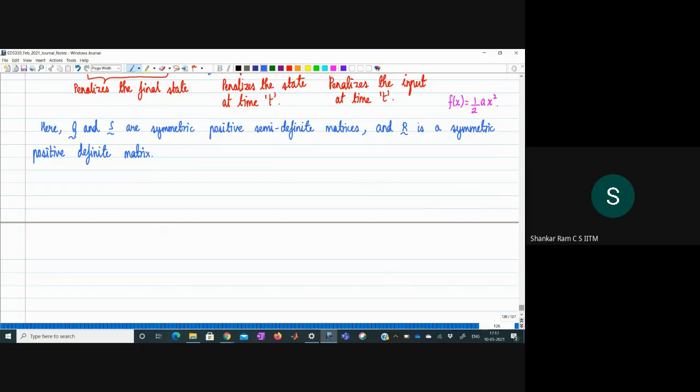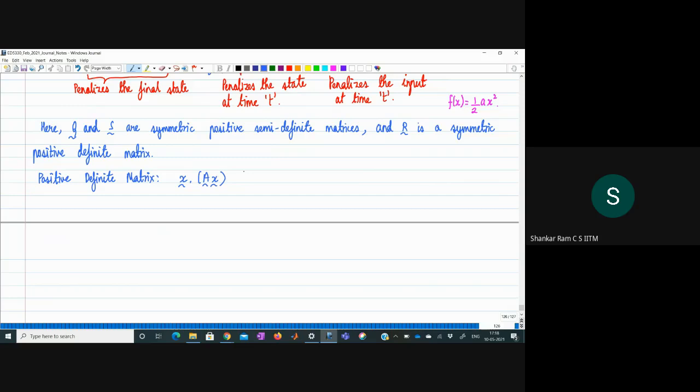Now, what do the words positive semi-definite and positive definite mean? Let me define these two terms. First, let me start with a positive definite matrix. A matrix is said to be positive definite if, let's say, you take the product x dot Ax. You consider a matrix A and multiply it with the vector x, which is non-zero.